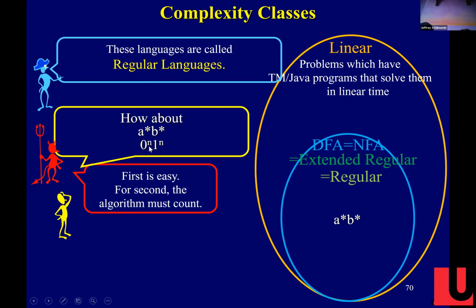So to accept this, you have to count the zeros, and an NFA and a DFA can't count. You can solve this problem in linear time: you count the number of zeros, you count the number of ones, you see if they're the same. But it can't be done by a deterministic finite automaton because it doesn't have enough memory to count. Does that make sense?